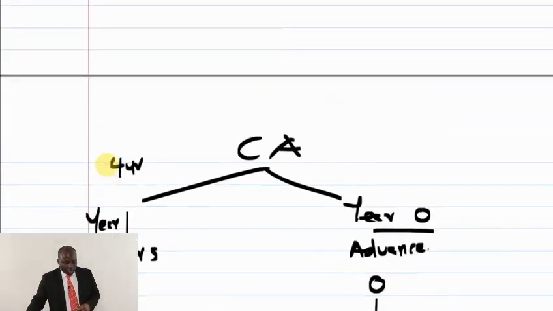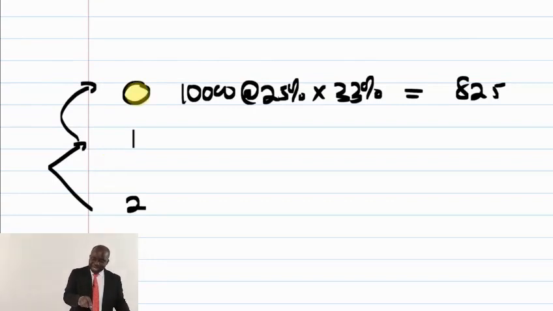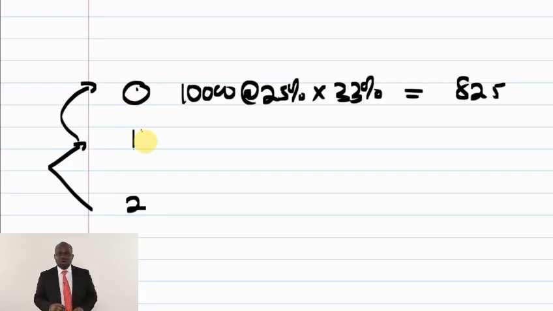But when we come to where we are claiming the capital allowance in year 0, the year 1 capital allowance goes to year 0 and the year 2 capital allowance goes to year 0, but you cannot sell the asset in advance. I cannot sell the asset in year 1 because I need to use it for 2 years, and the profit or loss on the sale will occur at the end of year 2, when the asset is sold.